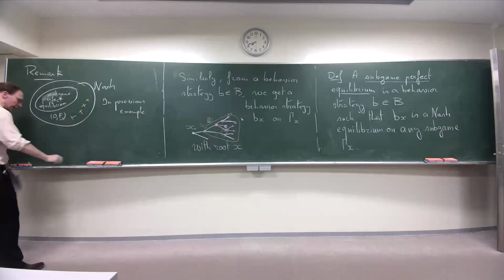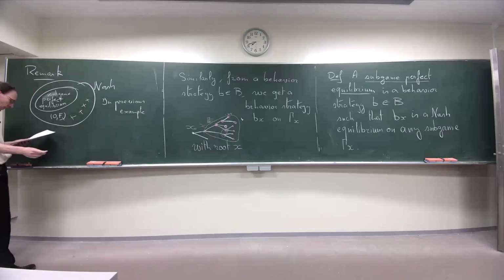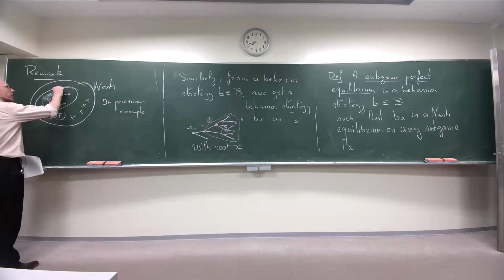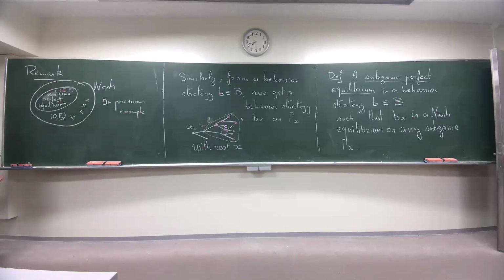If you check, OF was here, while EF is here. So it's already a way to eliminate this by looking at these subgame perfect equilibria. So it's a refinement.